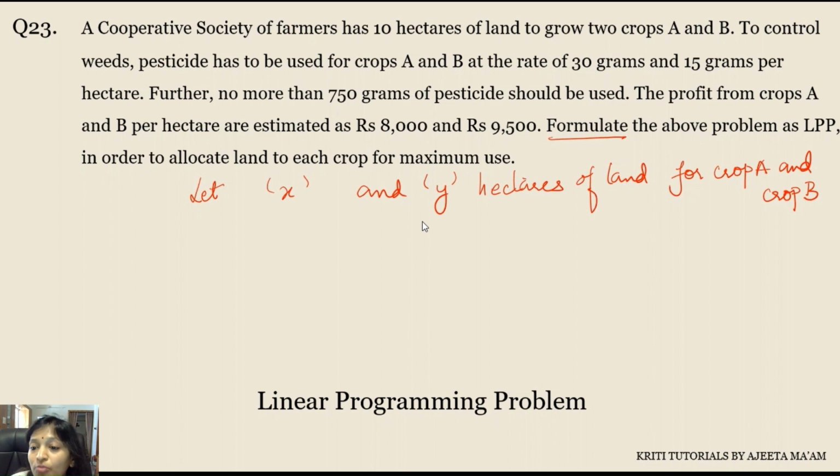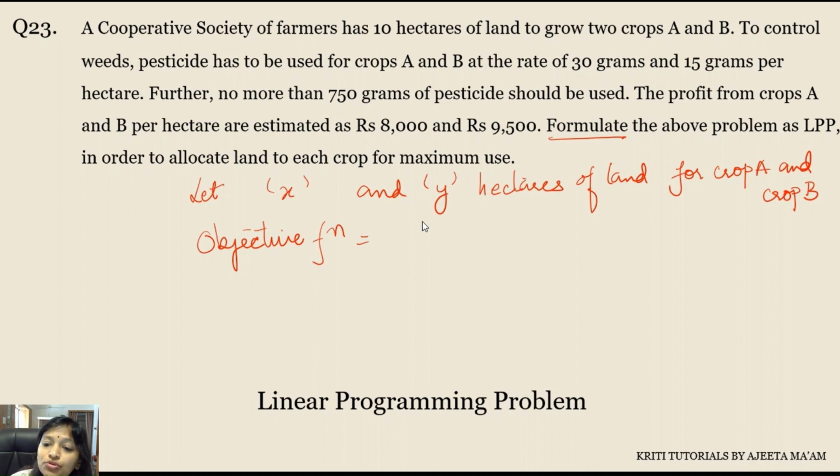Now we have to formulate the objective function. So your objective function will be what? The profit from crops A and B per hectare is estimated to be rupees 8,000 and 9,500, and we have to make the problem for maximum use.